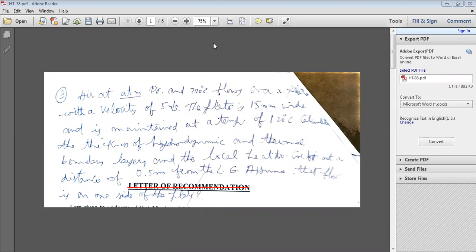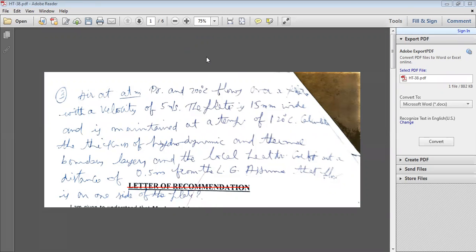Using those properties, you will be able to calculate the boundary thickness, thermal boundary thickness, local skin friction coefficient, average skin friction coefficient, shear stress, shear force, drag force, local convective heat transfer coefficient, average convective heat transfer coefficient, and heat transfer rate. Like that, you have calculated a number of parameters for the given problems.